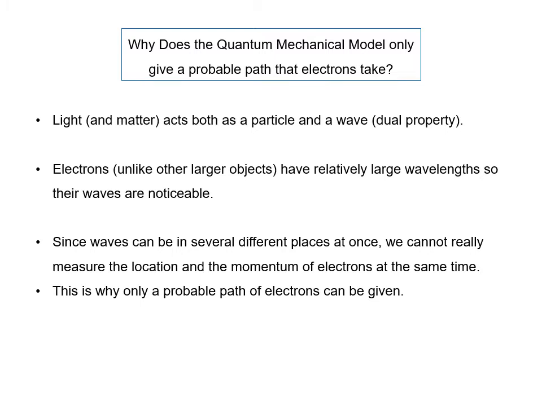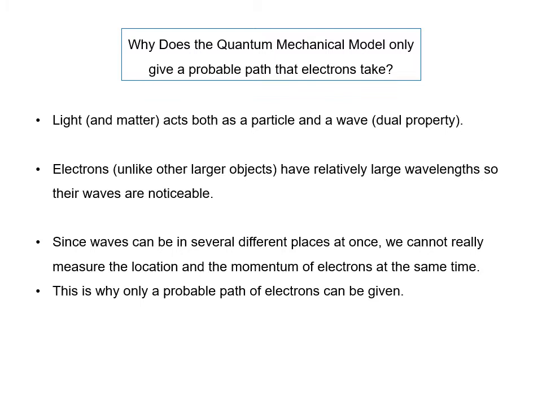Even though matter also has wave and particle-like properties, for matter, the wave-like property is not very significant or noticeable. But for electrons, which are very small, that wave-like property is very significant because they have relatively large wavelengths. And so those waves become very noticeable.